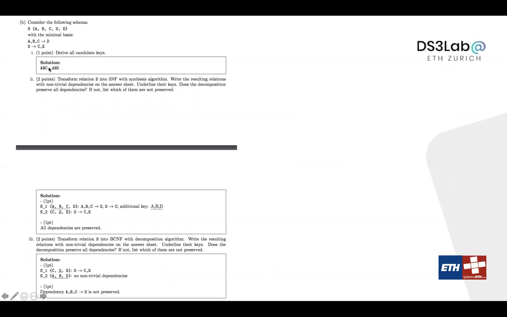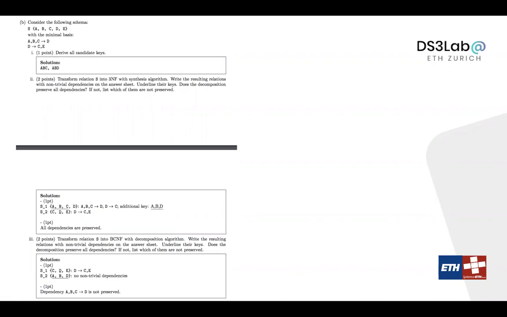Essentially, you check whether, for example in this case, you have A, B, C, D, E. The game is to say, whether I have a functional dependency from ABC to D and E. If that is true, then it's a candidate key, and then you check whether it's minimal.